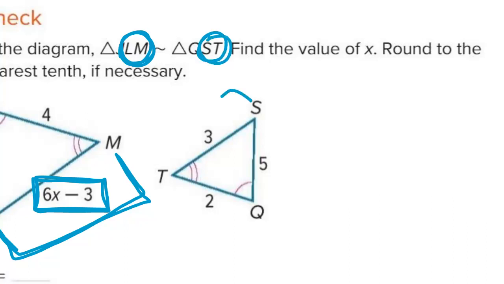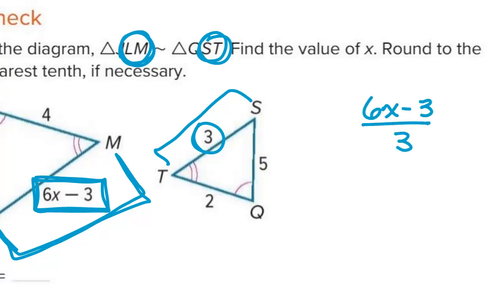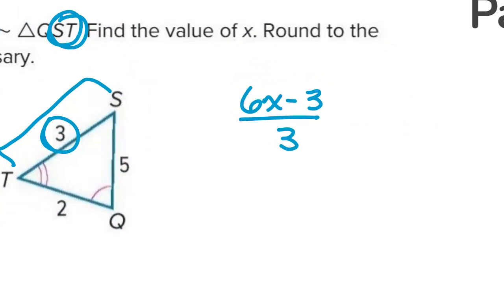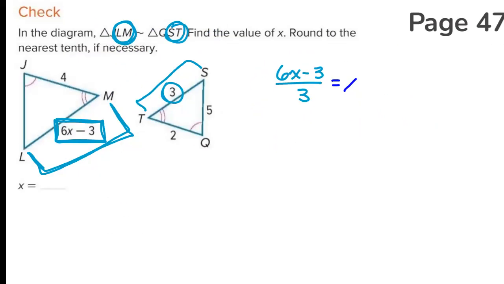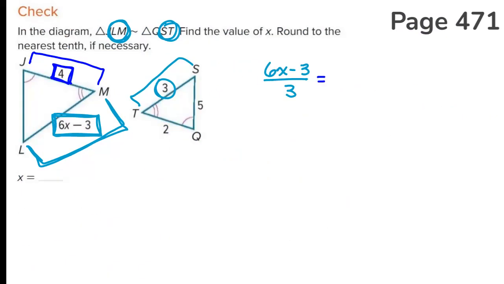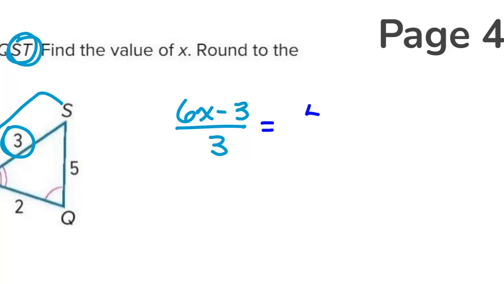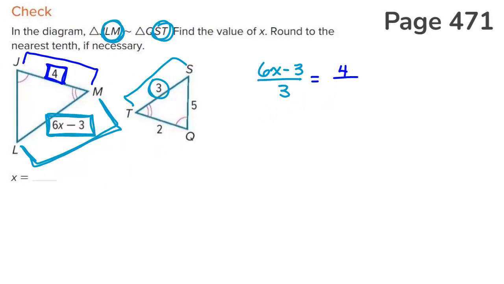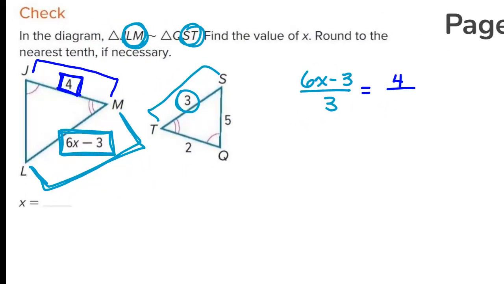ST. This side right here. So I need a fraction that has 6x minus 3 over 3. And then I have this side that is 4. That's side JM. That has to go in my numerator because the 6x minus 3 went in my numerator. That corresponds to what on the other triangle? QT or TQ, which is 2. So that goes in my denominator.